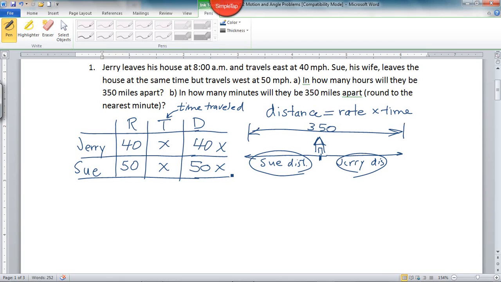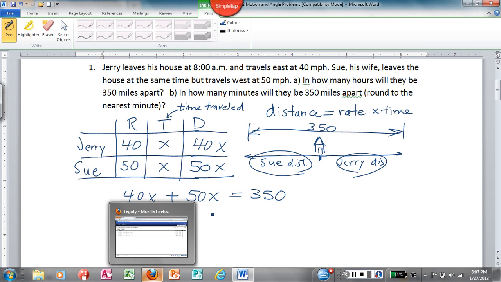So there's our equation. We're going to take the 40x plus Sue's distance, 50x, Jerry's distance plus Sue's distance, and that's going to equal the 350 miles. All right. There's our equation.